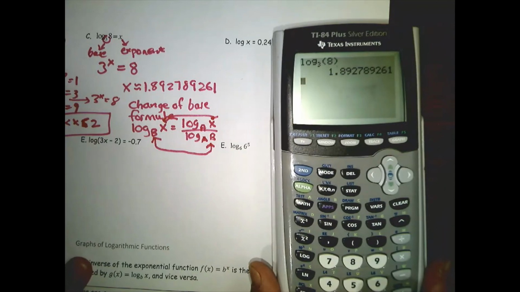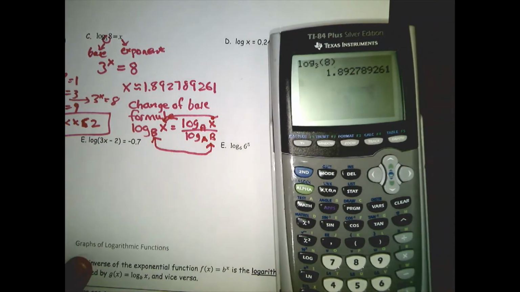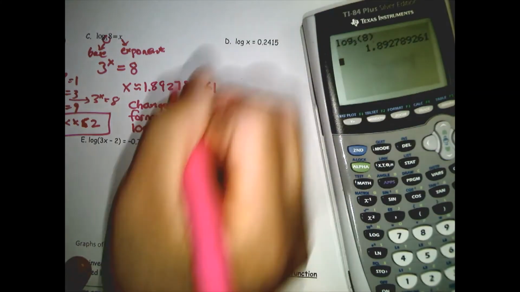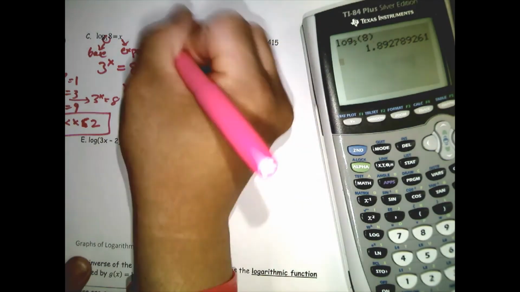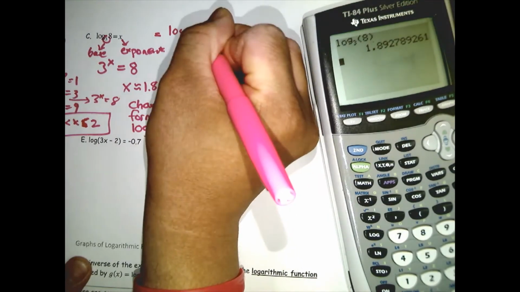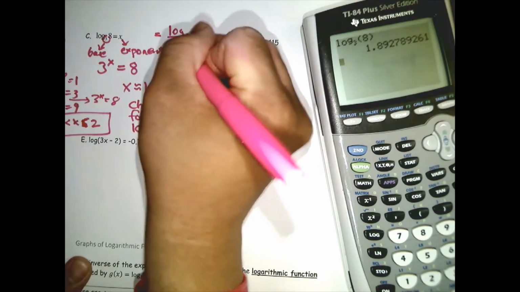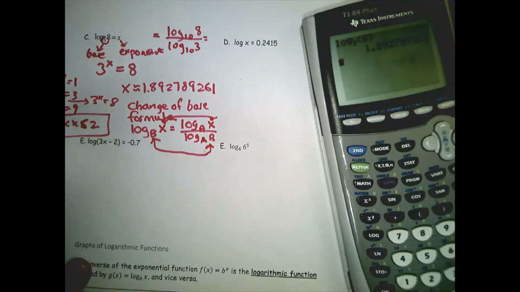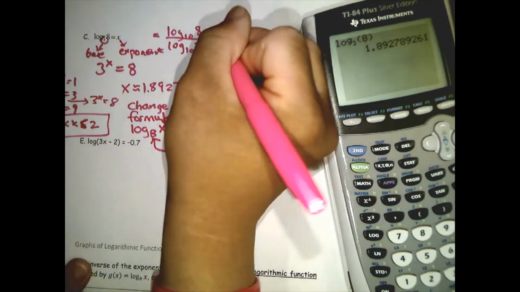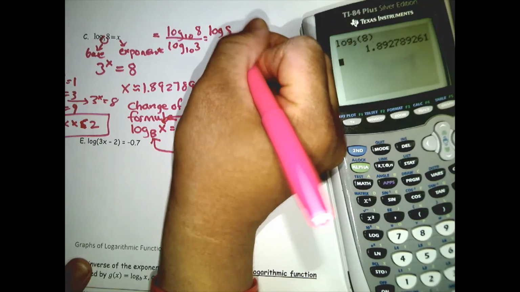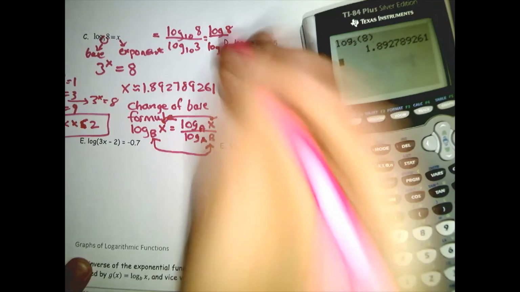So you don't have to let a be any specific number, but if you let it be 10, then you could say that this is log base 10 of 8 over log base 10 of 3. And again, remember that if we just have a base 10, we don't even need to write the 10 because it's assumed to be 10 or the common logarithm. So that's log 8 over log 3.